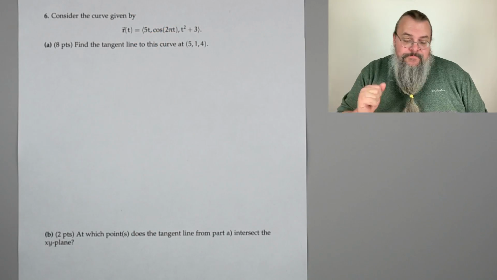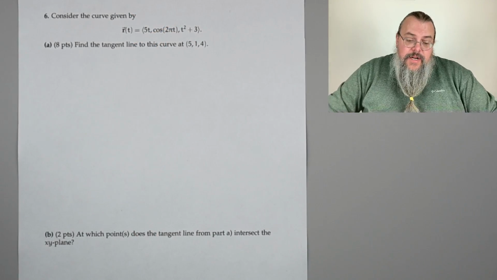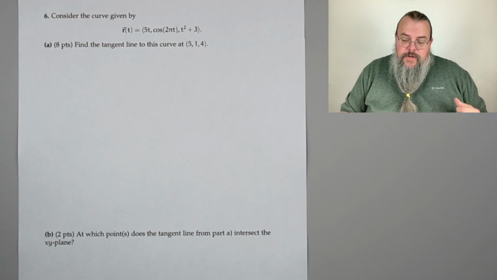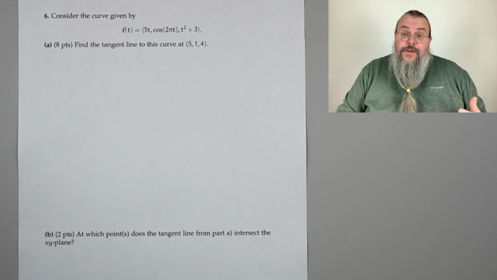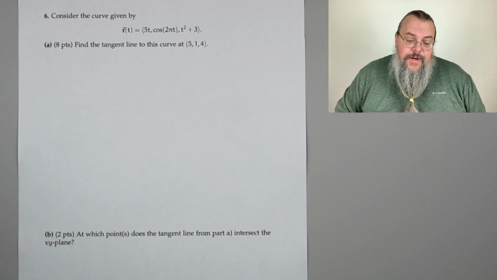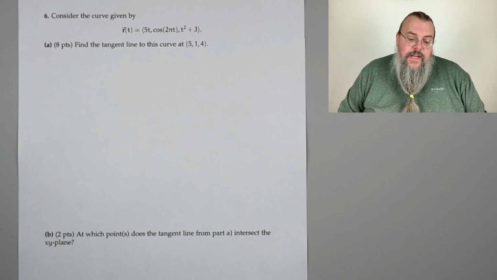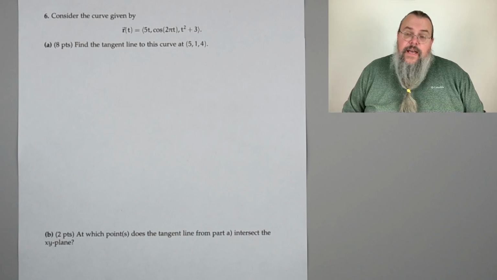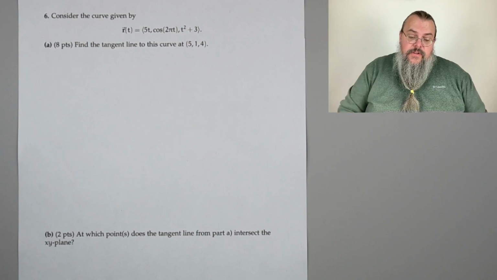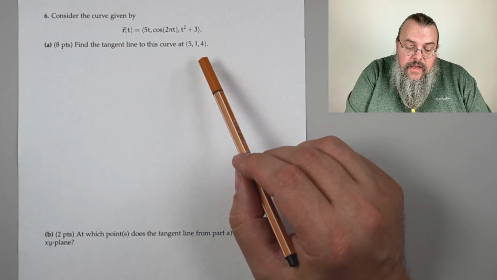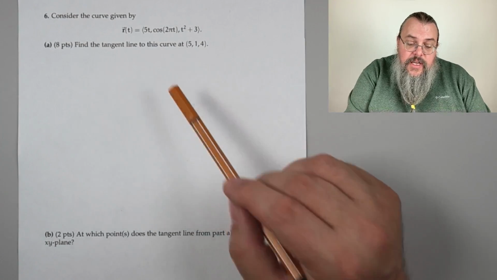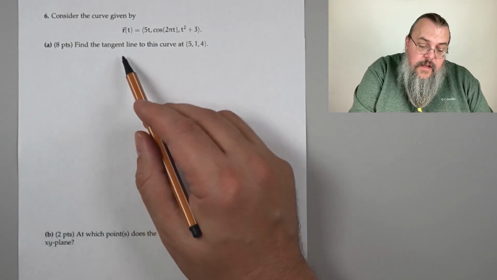Number 6. Consider the curve given by r of t, parametric, 5t, cosine 2 pi t, t squared plus 3. Find the tangent line to this curve at 5, 1, 4. Notice this is a point, and so we say, okay, how do you find a tangent line? Well, we need a line.